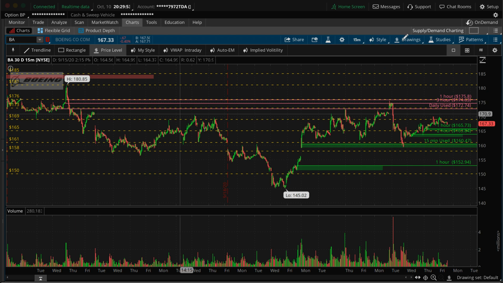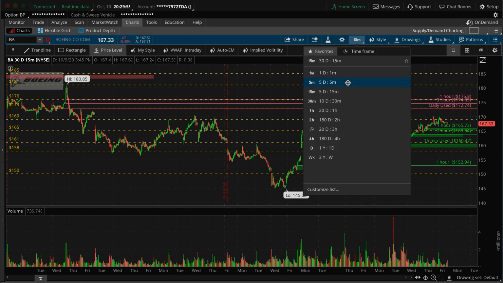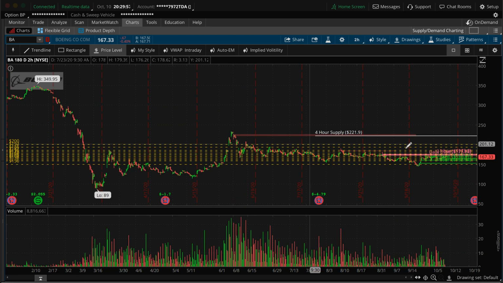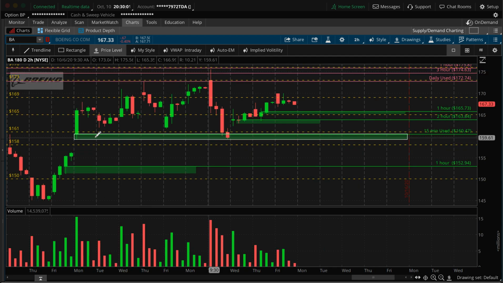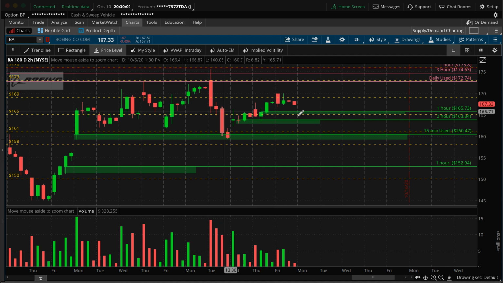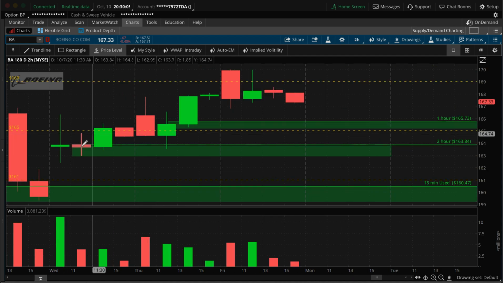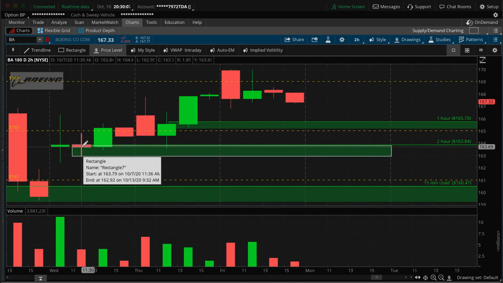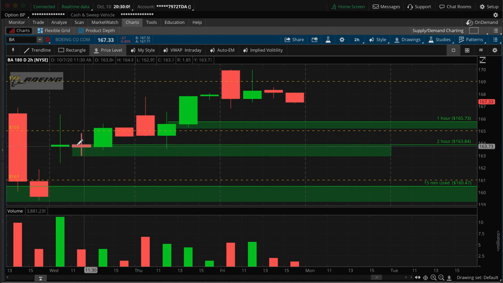Then we also have a 2-hour demand zone. We look at that here. So on Wednesday the 7th, we created this 2-hour demand zone right here.